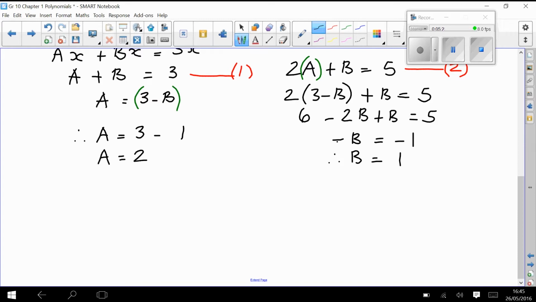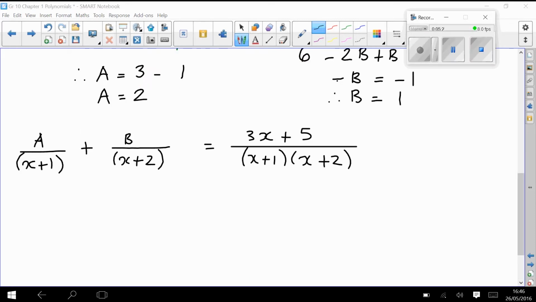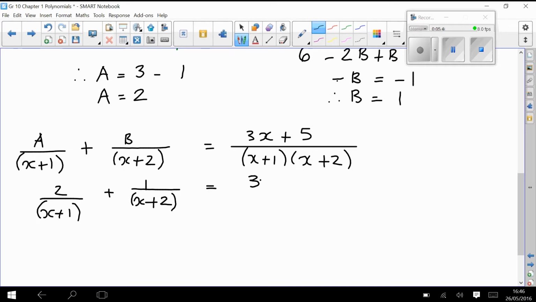So therefore, if I had partial fractions for my original statement, I could have written these two individual fractions as 2 over x plus 1, then with the b value over x plus 2, which was in fact equal to 3x plus 5 over x plus 1, x plus 2.